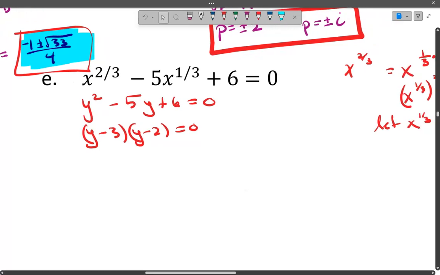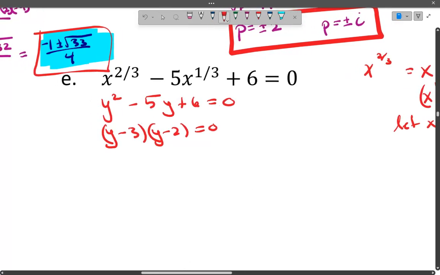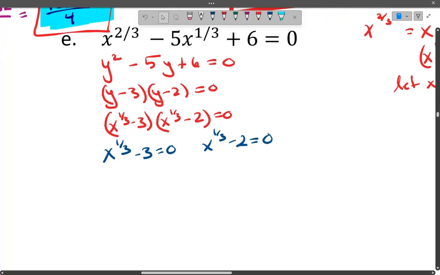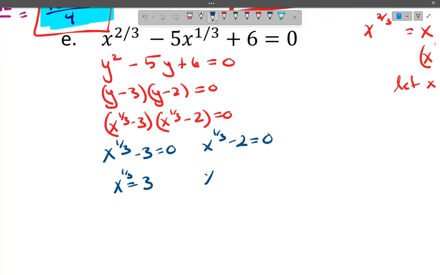And then we can go ahead and substitute back in now that it's factored. I have x to the 1/3 minus 3 and x to the 1/3 minus 2 equals 0. Our zero factor property, set these both equal to 0. We want to isolate. So I have x to the 1/3 equals 3, and I have x to the 1/3 equals 2.